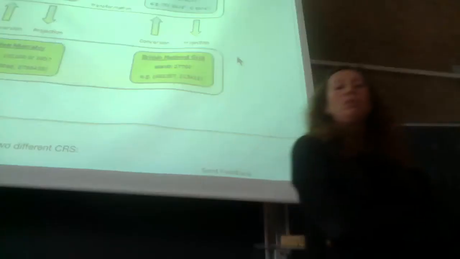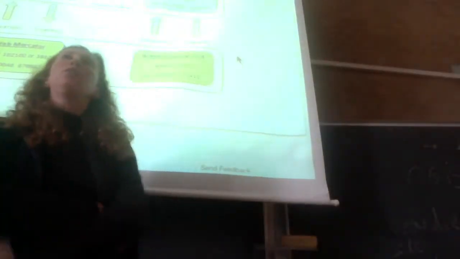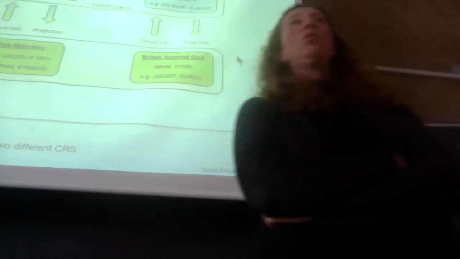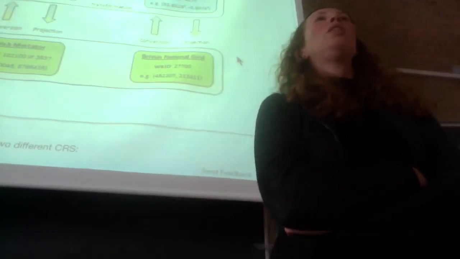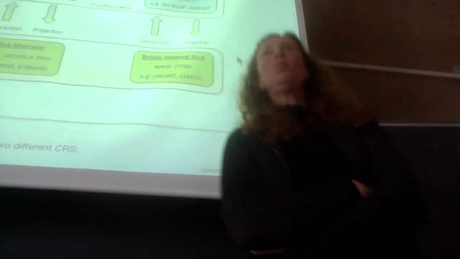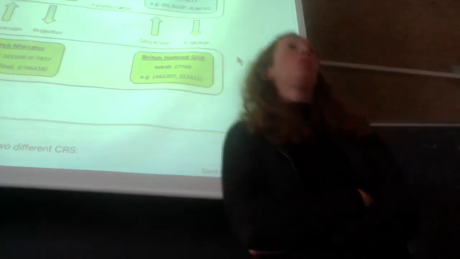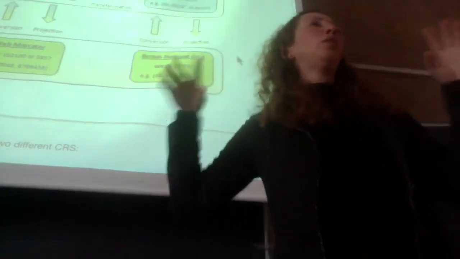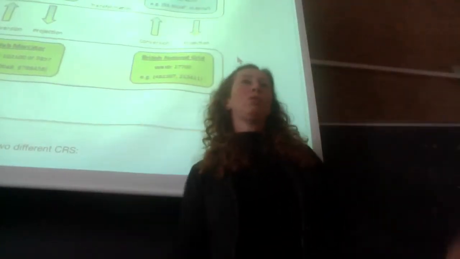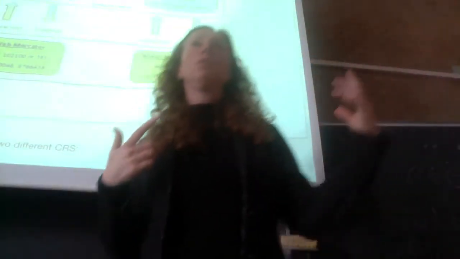Usually most GIS systems can apply transformations from one system to another. In QGIS, it's basically a click of a button. In Postgres, for instance, you write a query so that it translates, using an inbuilt function.